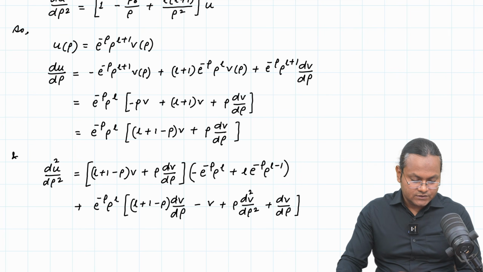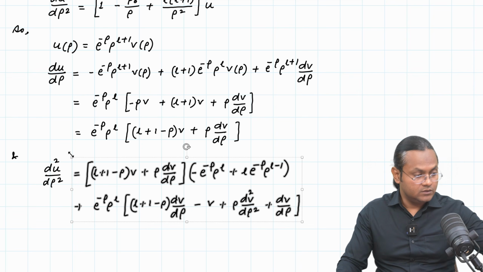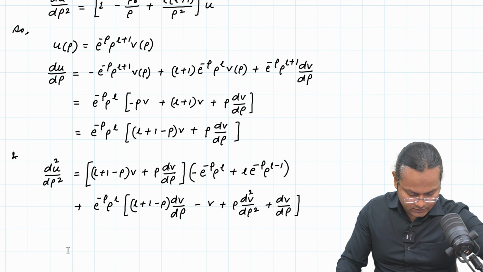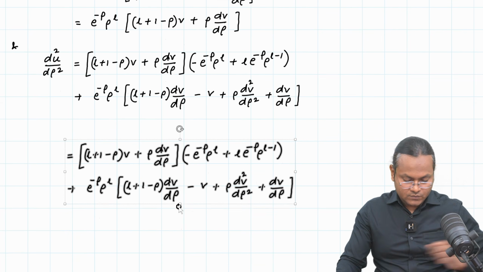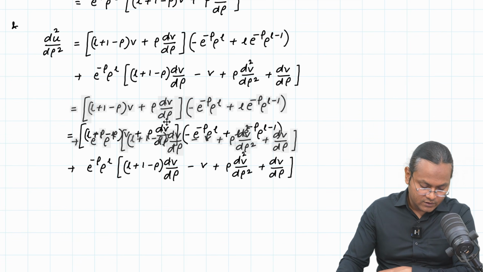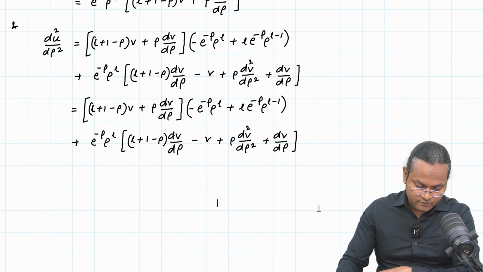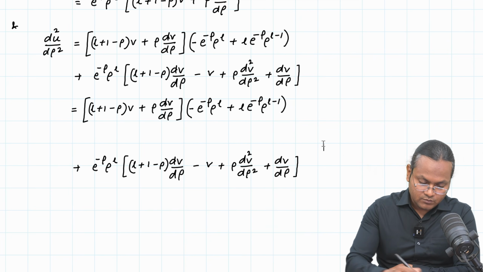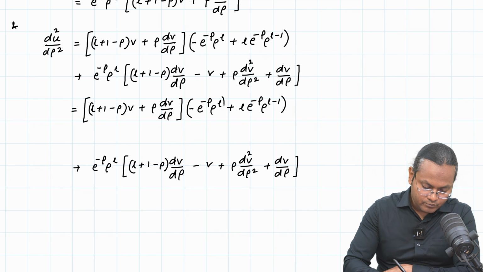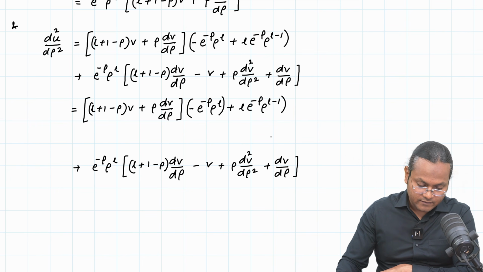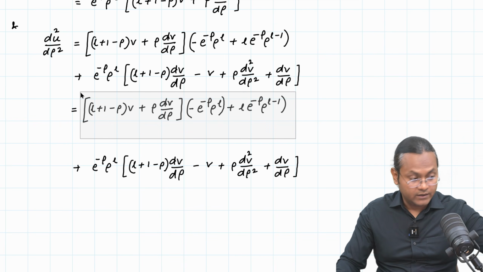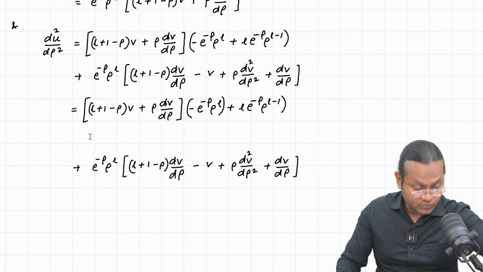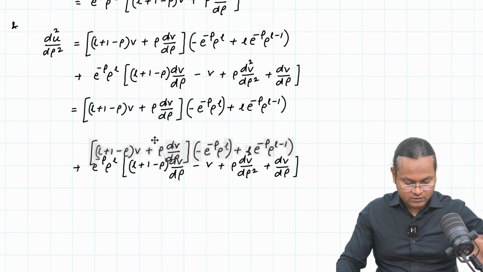So here the first expression can be separated into two distinct terms, right? So here the first term can be separated into further because I can have this particular term and I can have, if I take out the second term in the bracket, this particular term, right?